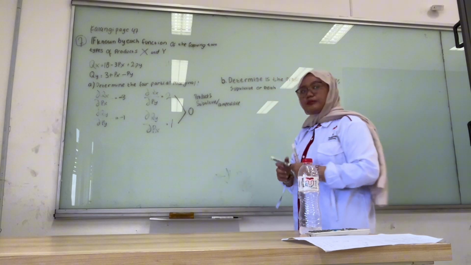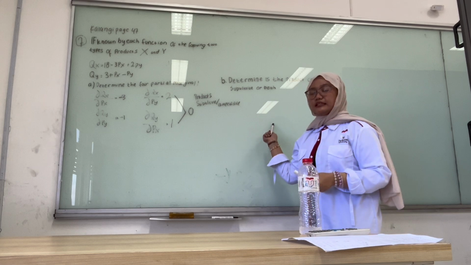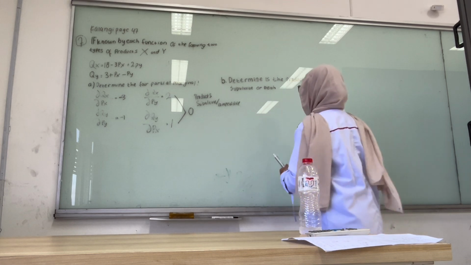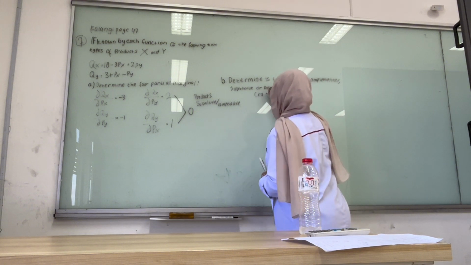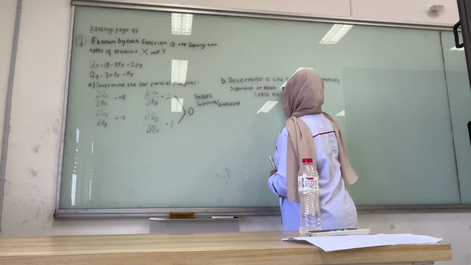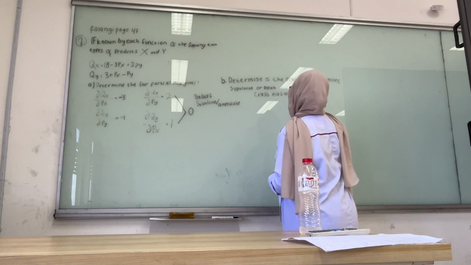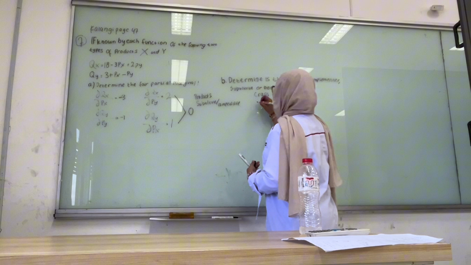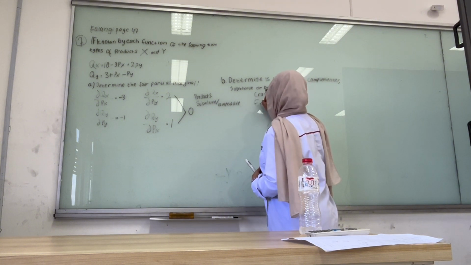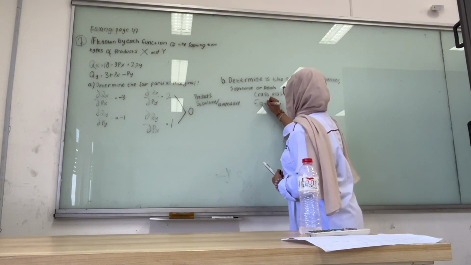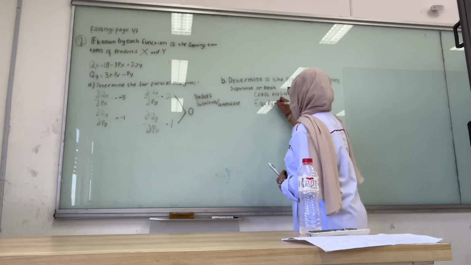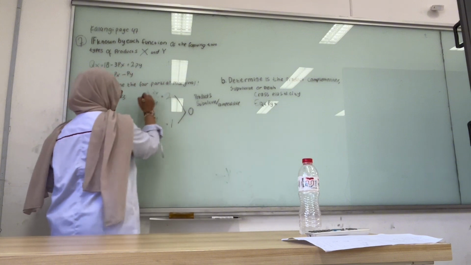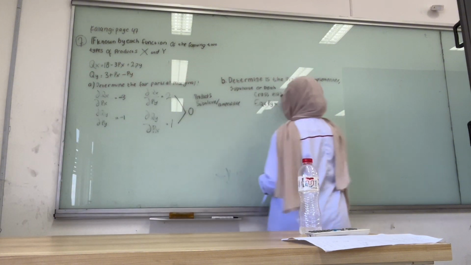But if you want to make sure, we can use the other way. It's called cross elasticity. So in cross elasticity, we have a formula here. The first one is EQXY. Here, we use this cross-partial derivative in our formula.